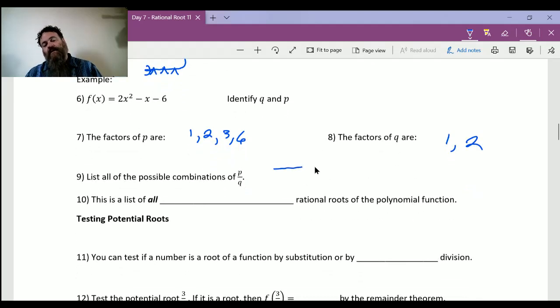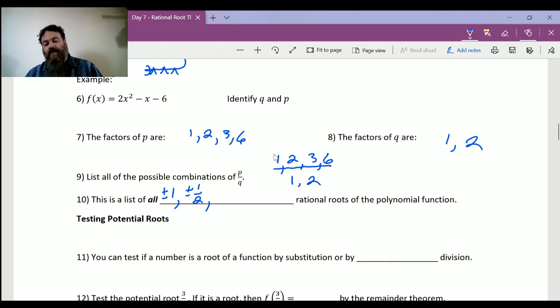If I were to make a big, massive, weird fraction, I can put those 4 numbers on top and those 2 numbers on the bottom, and we're going to make a list of all the combinations. Remember, we want positive and negative. 1 over 1, that's 1. 1 over 2, that's positive, negative 1/2.